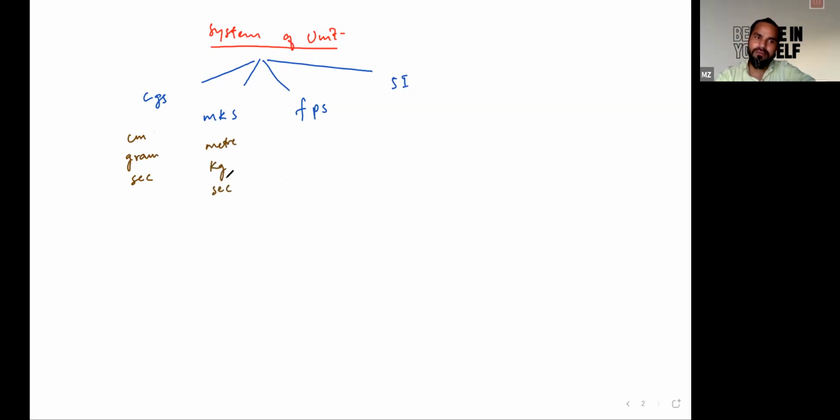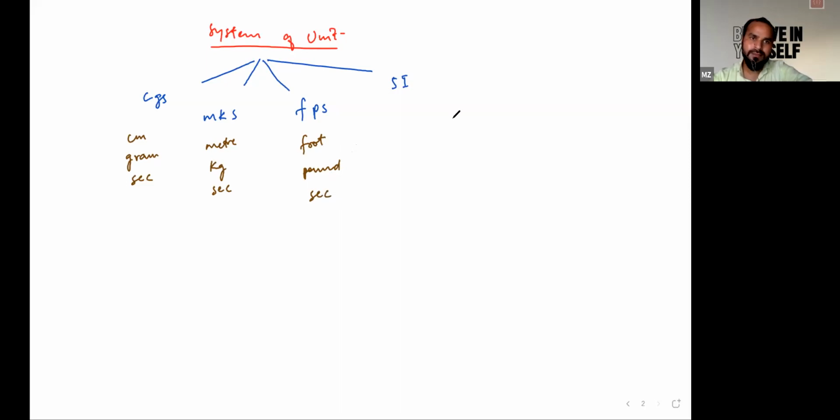So length in meter, mass in kilogram, and time in second. For FPS, F defines foot to measure length, P defines pound for the measurement of mass, and S defines time to be measured in second.